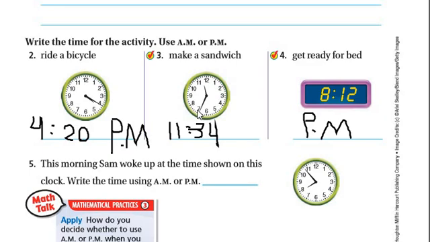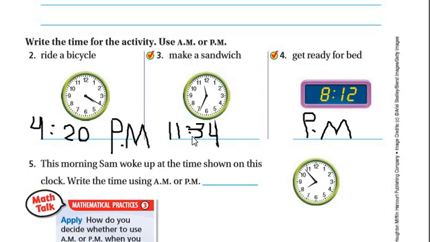It's too near to 7. So how many minutes at 7, grade 3? Yes, it's 35 exactly. So it's one before 35, which is 34. So this time is 11:34, or 34 minutes after 11.